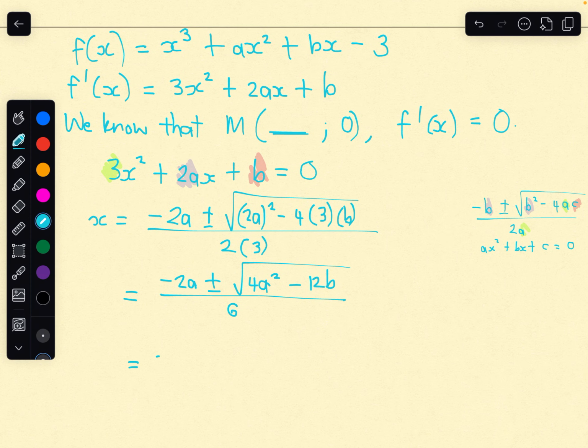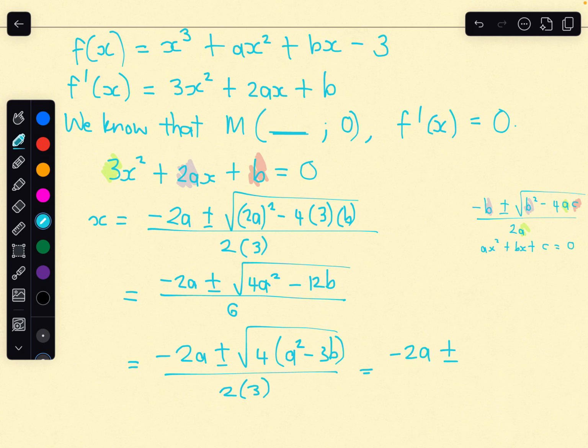I'm just going to simplify this because I'm not really sure where to go next. This is 2 times 3, which is pretty much what we had before. So this would be 2 times the square root of a squared minus 3b, over 2 times 3.